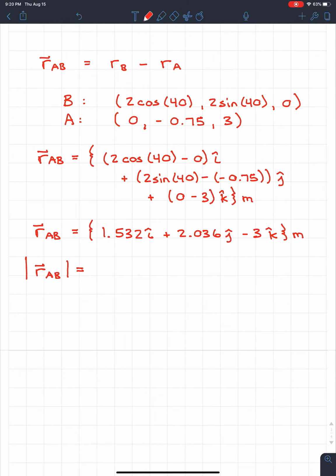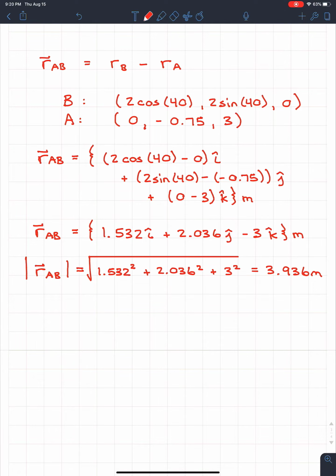So I'm going to go up here, and I'm going to go 1.532 squared, plus 2.036, that's also squared, and then plus 3 squared. And what I'll get is 3.936 meters.